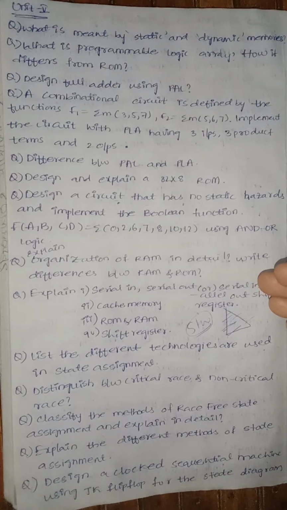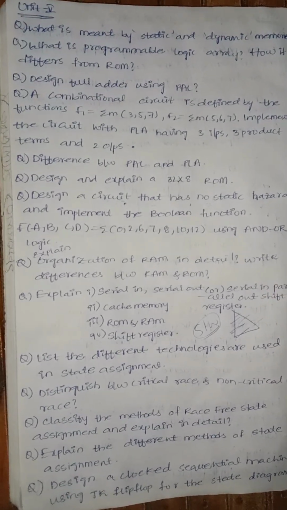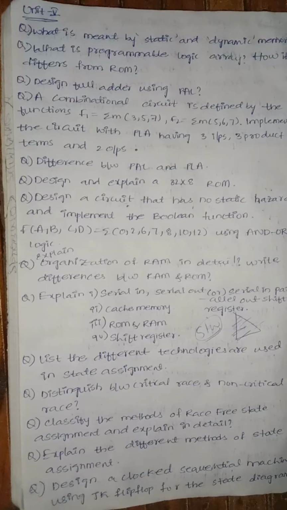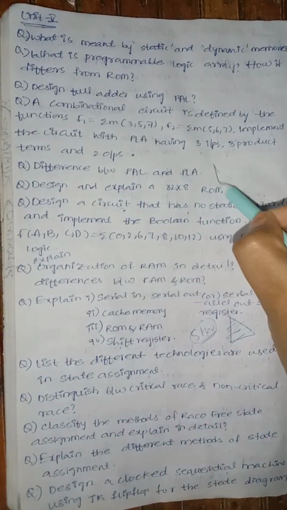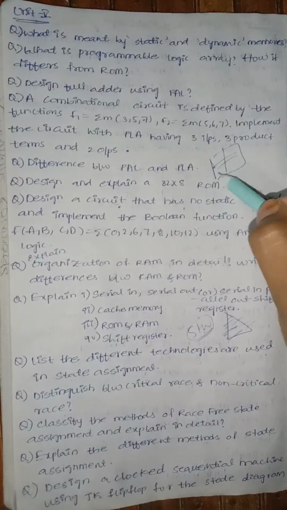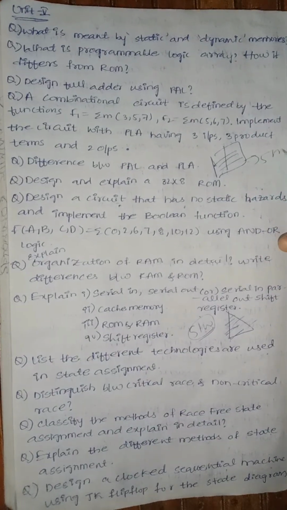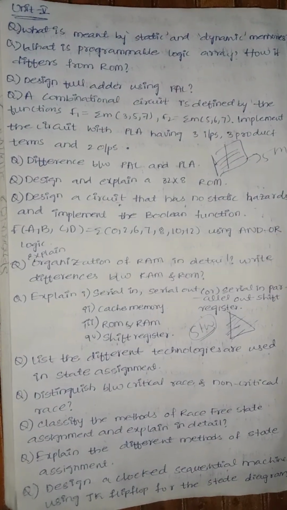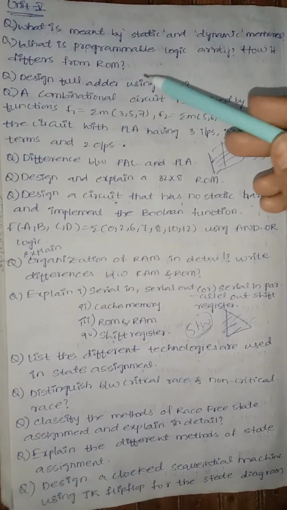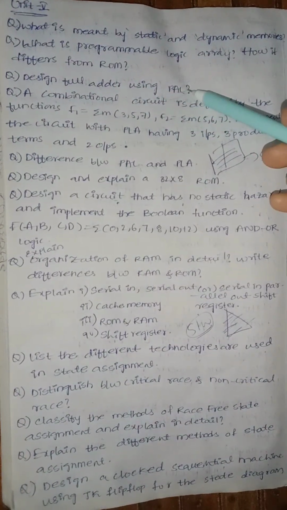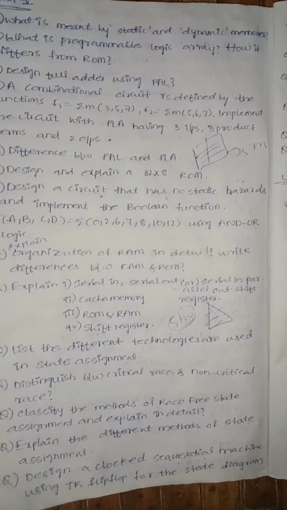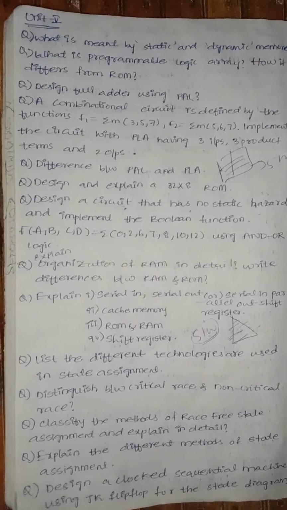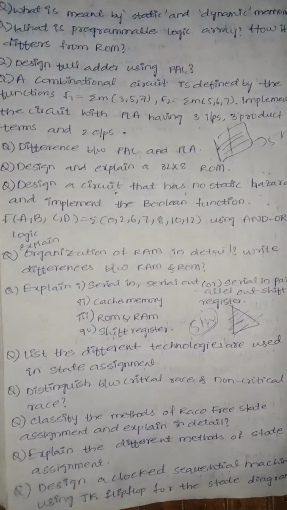Boolean functions also they will ask in this chapter. RAM ROM concept, PLA PAL, the difference between these two concepts in box format they will ask for long questions, 5 marks. Full adder using PAL, logic array question also they will ask in this chapter. It is also an effort-keeping chapter for scoring marks.